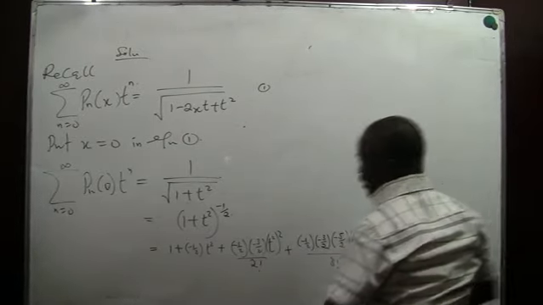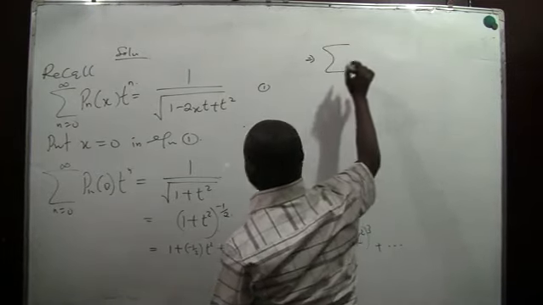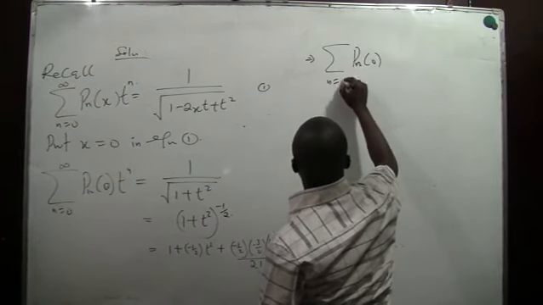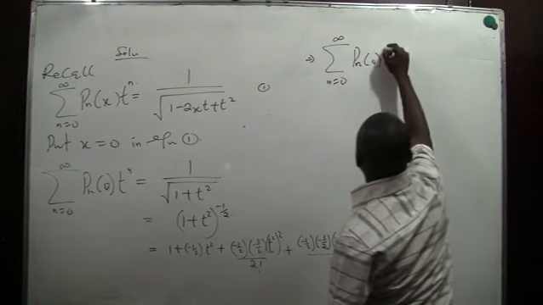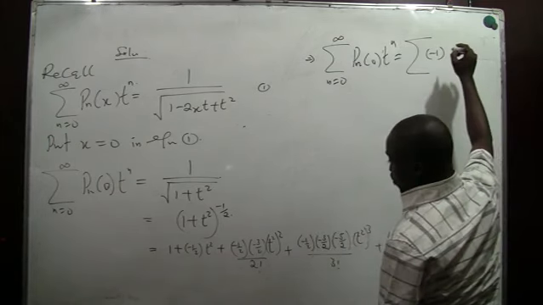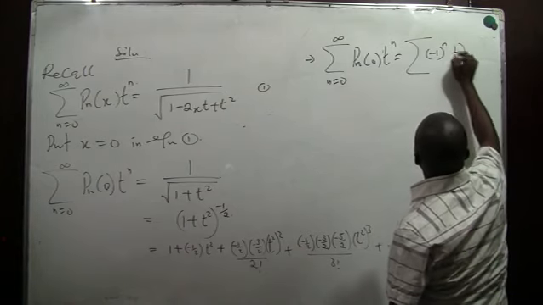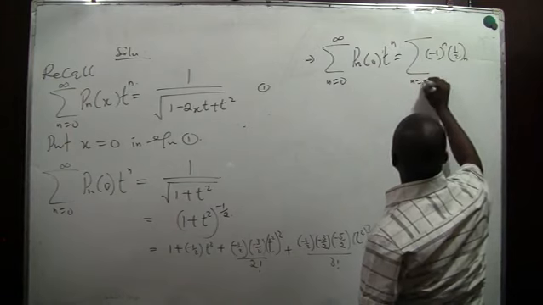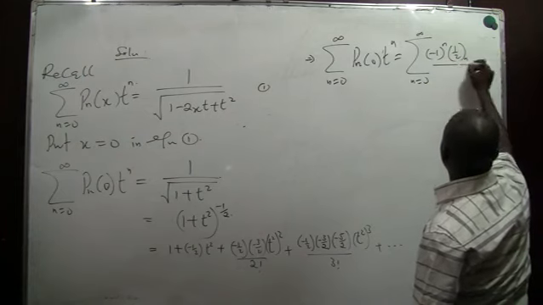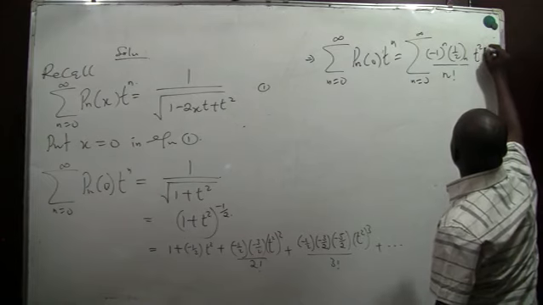So this is interesting. This implies that the summation of Pn of 0, n from 0 to infinity, t raised to the power n will have given us the summation of minus 1 raised to the power n, half sub n, n from 0 to infinity, half sub n, then divided by n factorial, t raised to the power 2n.